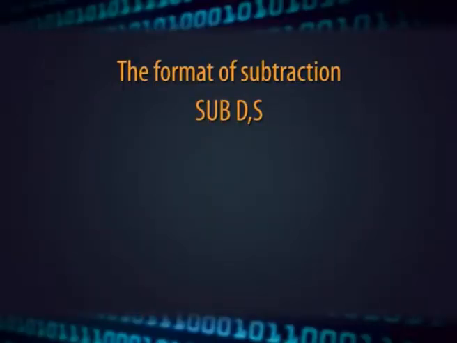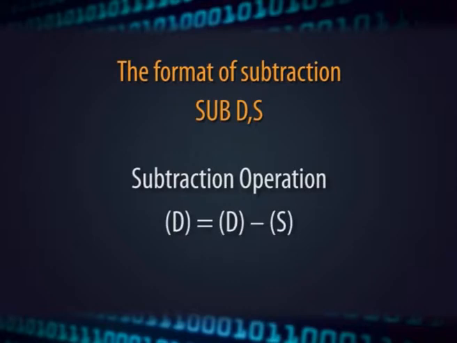The format is SUB D, S, where D and S are two registers specified with the SUB instruction, and it performs the subtraction D = D - S. That means the contents of the second register are subtracted from the first register, and the result is stored in the first register, designated as D.